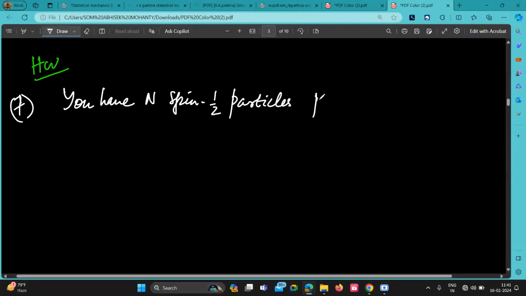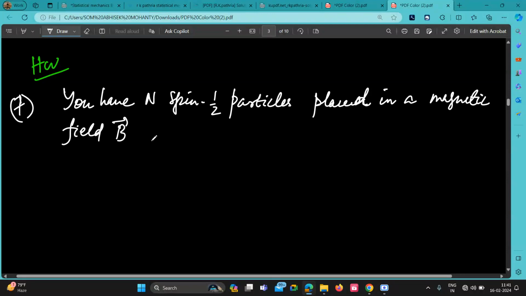Okay, you have n spin half particles placed in a magnetic field B, pointing along the z direction.